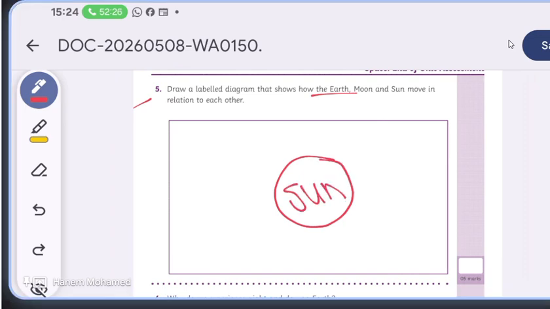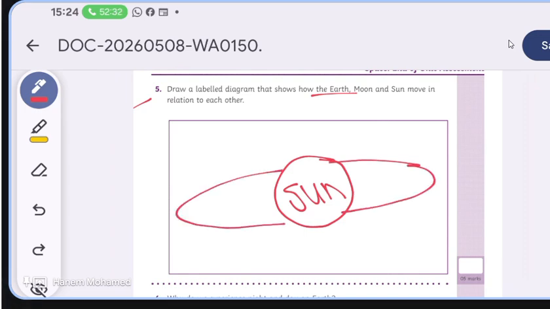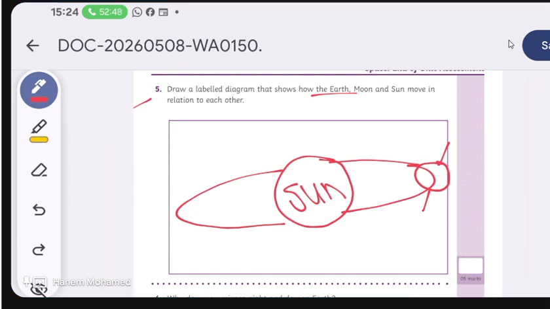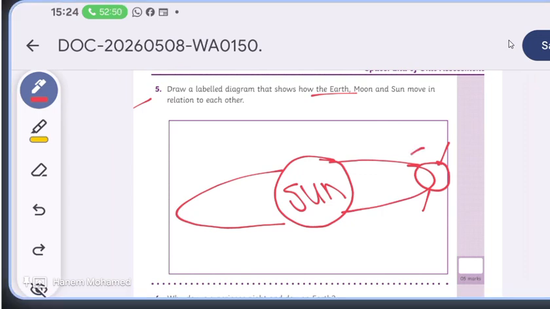The Sun. After this, you are going to draw an oval orbit to remember it's moving in an oval orbit. And then you draw the Earth smaller in size. And then you have to draw the axis tilted, not straight, right? And then you have to draw the direction of the movement.